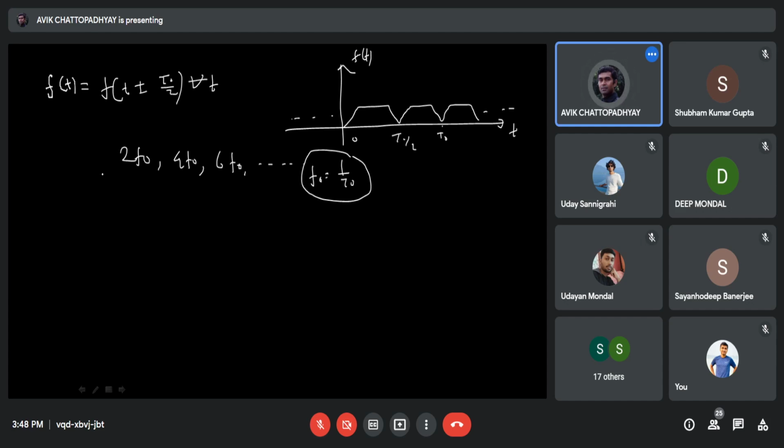Only the even order harmonics are present when the fundamental is considered with respect to this original signal, where T naught is the actual time period, and only the DC term and the even order terms will be present. That is why this kind of symmetry is called half-wave symmetry in the even sense, because only the even order harmonics will be present.